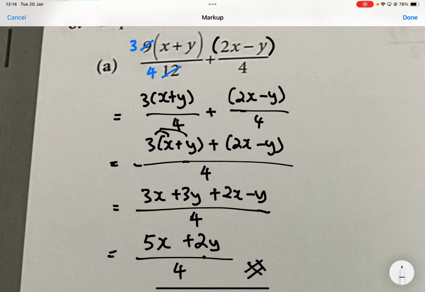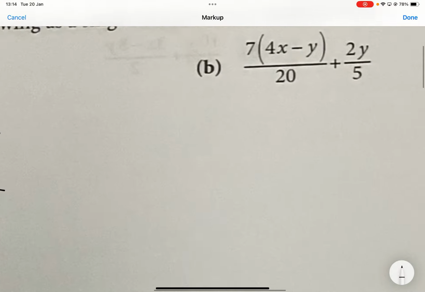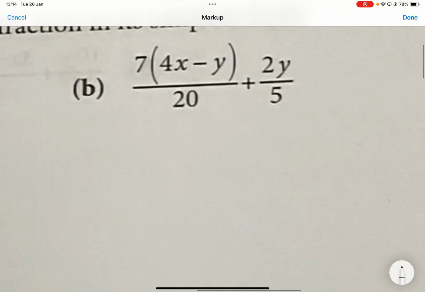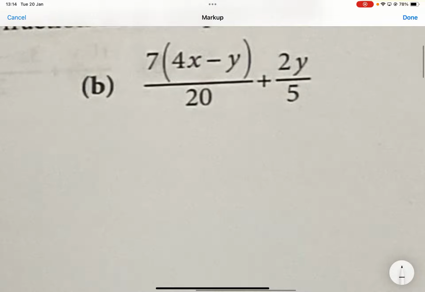Adding is very straightforward. Okay, so you all try this. 3 minutes. Adding, no difficulty.